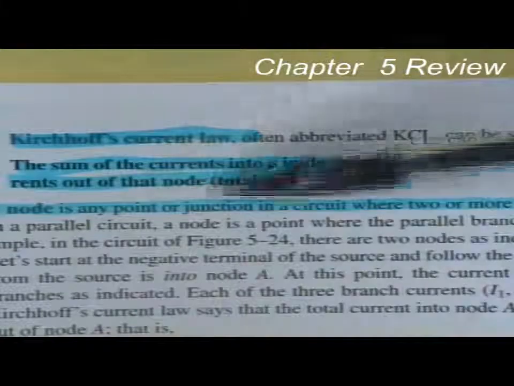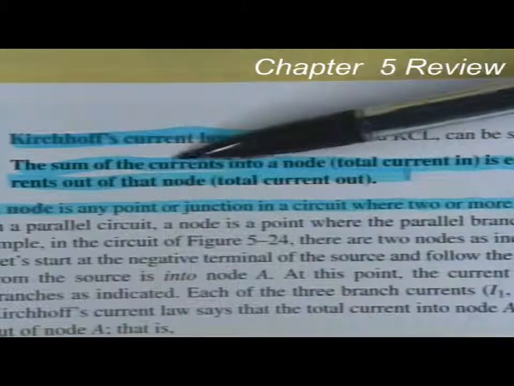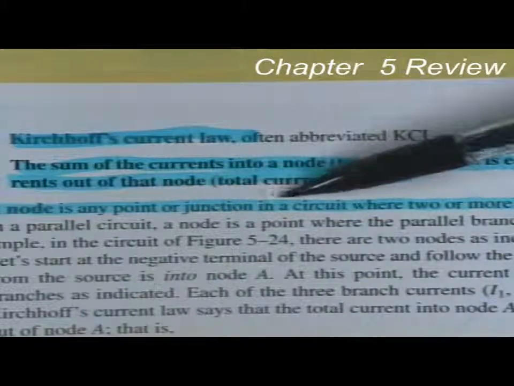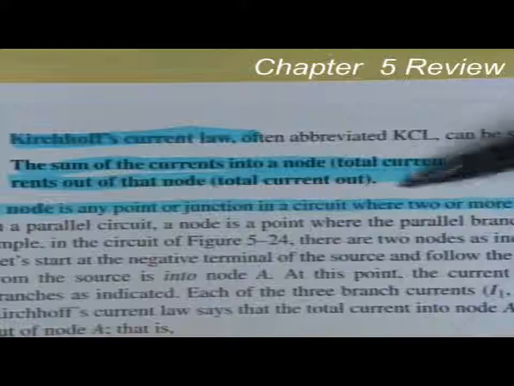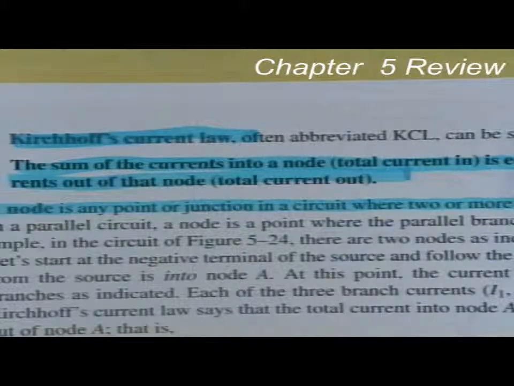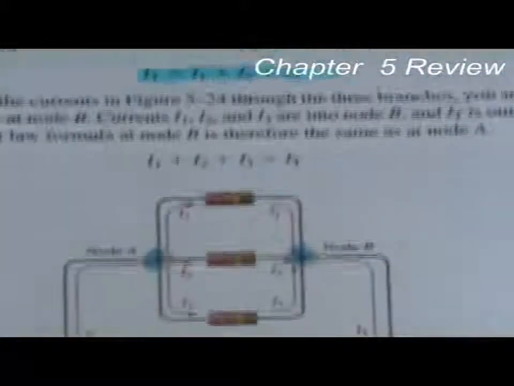Now a node, as defined, is any point or junction in a circuit where two or more components are connected. Now let me give you the formula for IT. IT is equal to I1 plus I2 plus I3. Now let's look on the diagram and see how that works out.